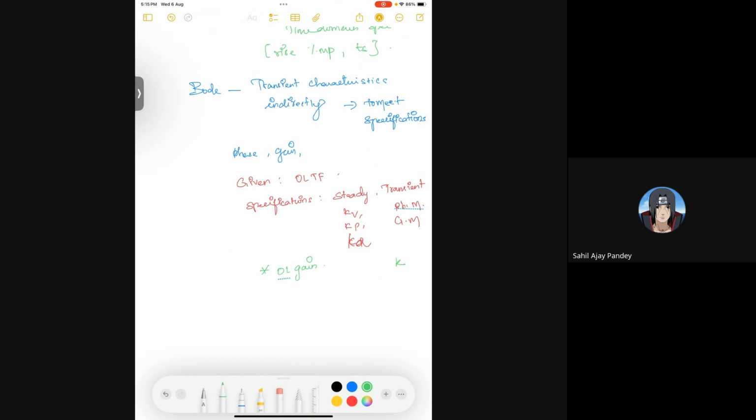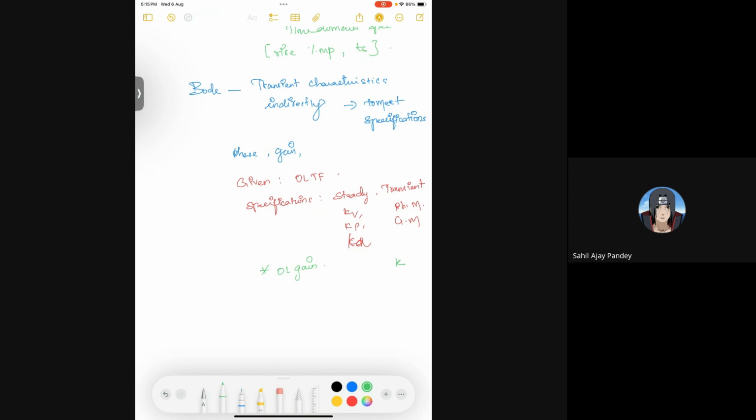If not, then we will try to add a pole or a zero, and decide when to add a pole and when to add a zero. If I want to shift the pole more towards right or towards left, or even farther or closer to the zeros, this play around will be classified into a lead compensator or lag compensator or lag-lead compensator based on how we want to design.